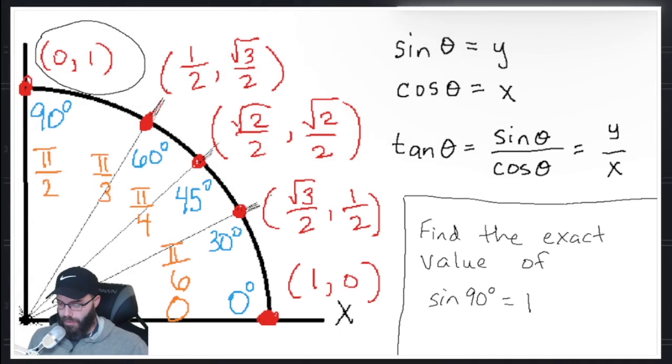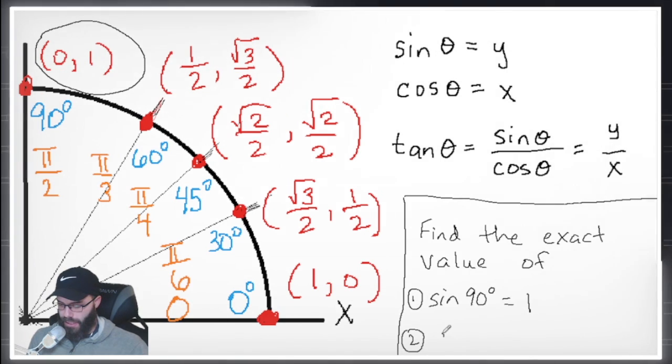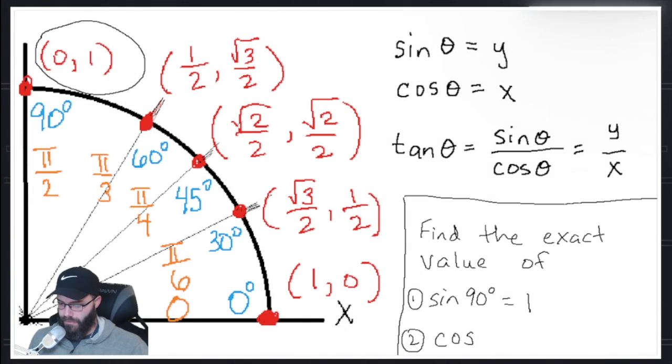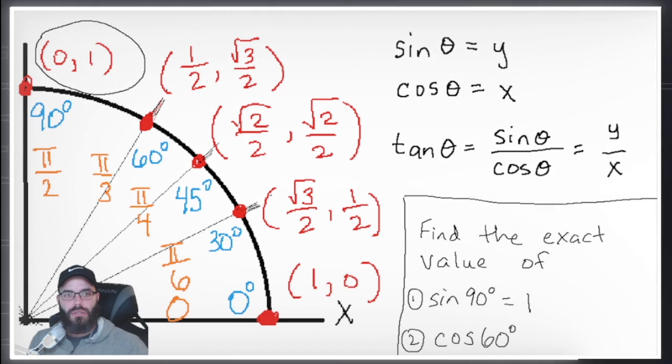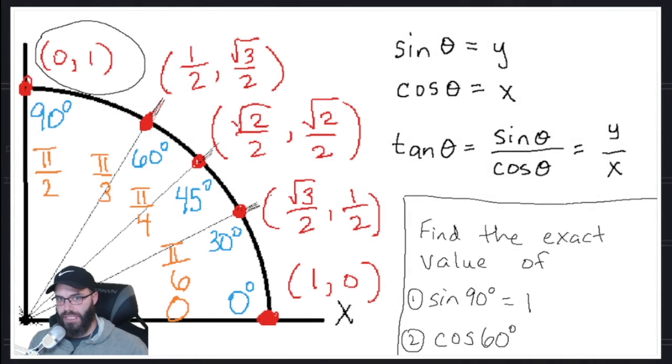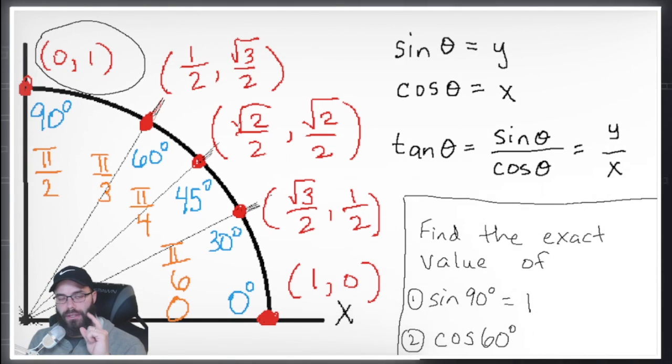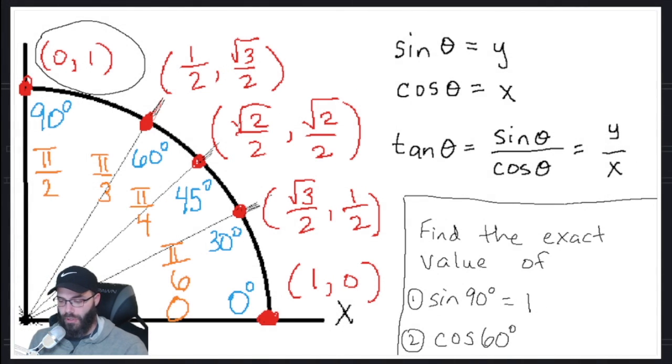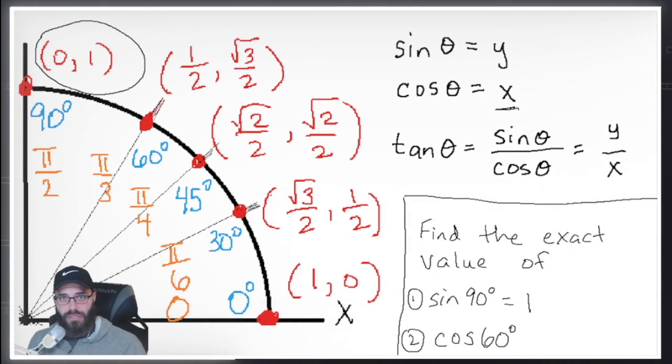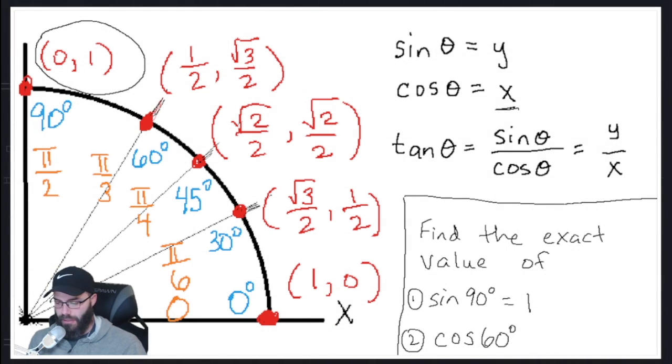So another example would be, let's say cosine of 60 degrees. So cosine of 60 degrees, you find 60 degrees on the unit circle, and then you look at your x coordinate at that angle, and that's your answer. So 60 degrees is here.